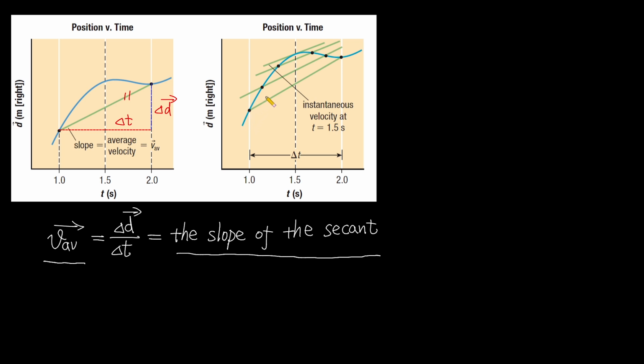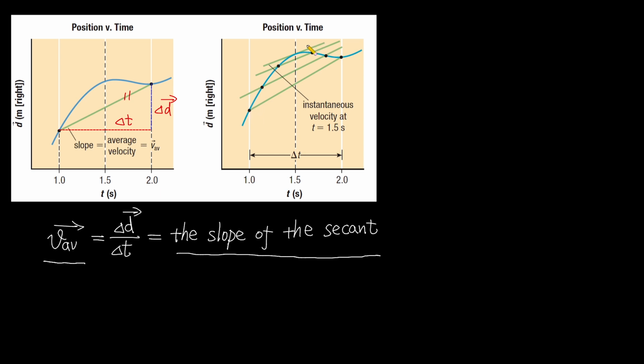We can draw a tangent line of the curve at each point. A tangent of the curve at a given point intersects the curve at that point, and the slope of the tangent line equals the slope of the curve at that point.